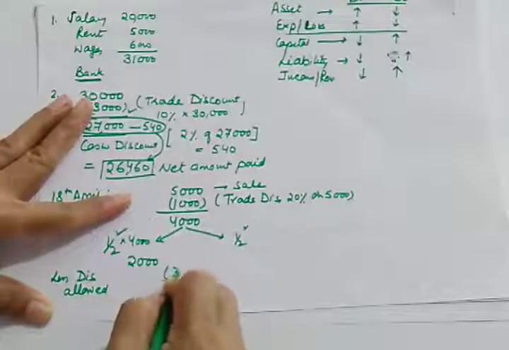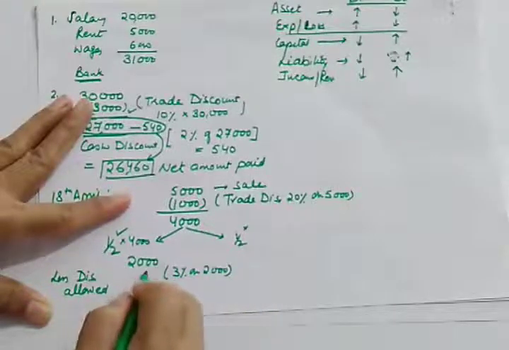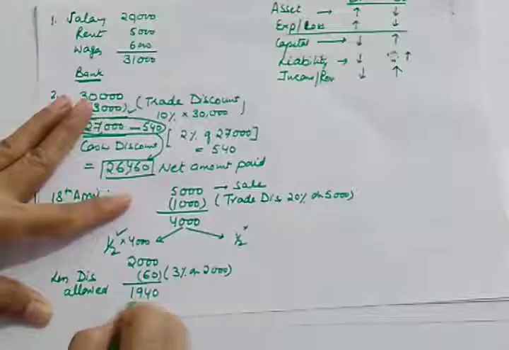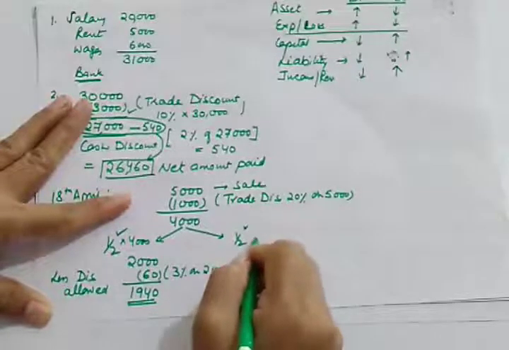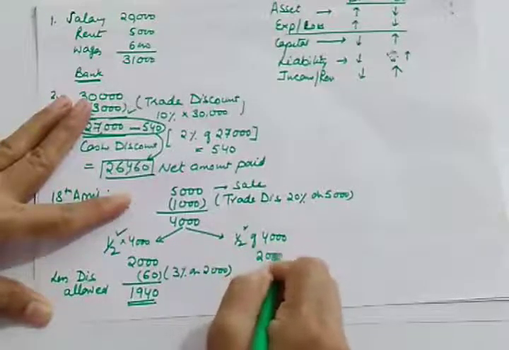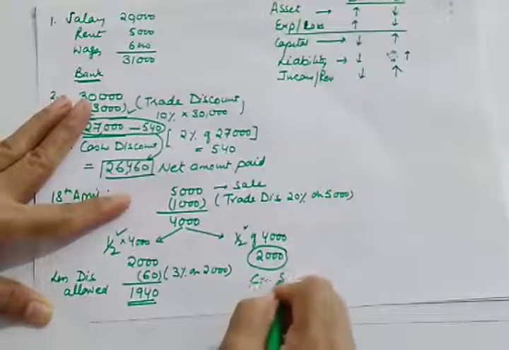So 3% on 2,000 will be 60 rupees. So finally we'll be getting 1940 from Roma, and half of 4,000 is 2,000. This will be a credit sale.